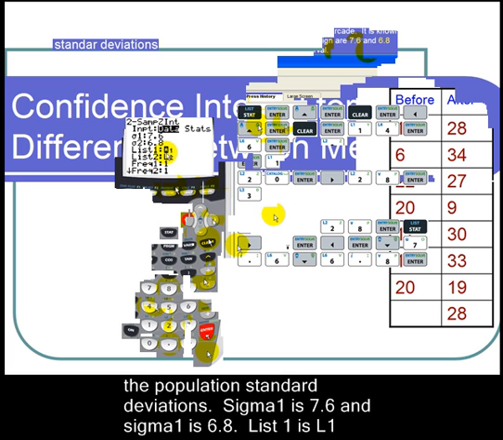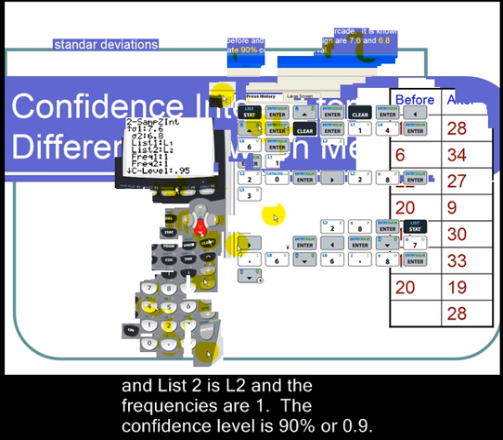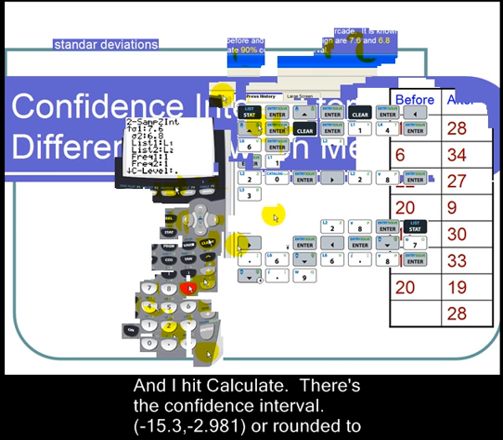List 1 is L1, and list 2 is L2. And the frequencies are 1. The confidence level is 90% or 0.9. And I hit Calculate.